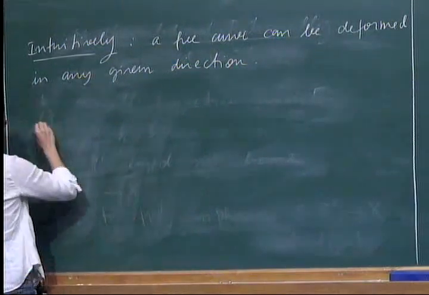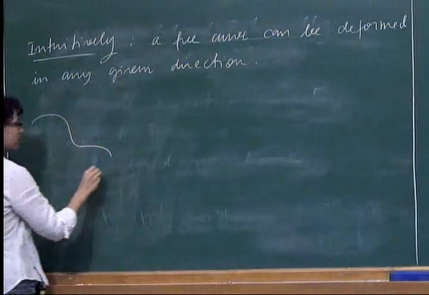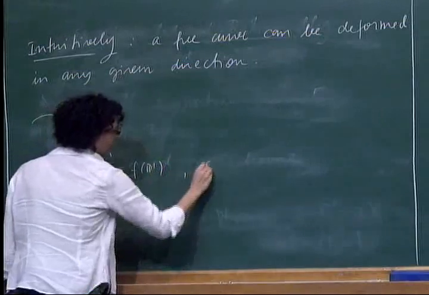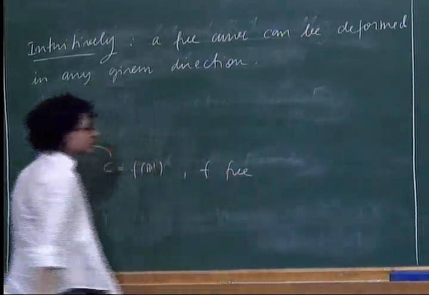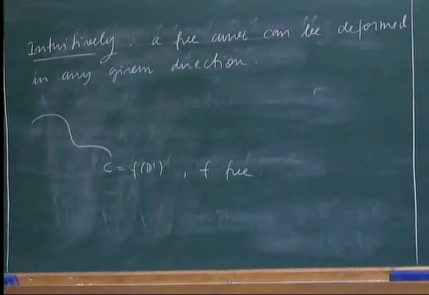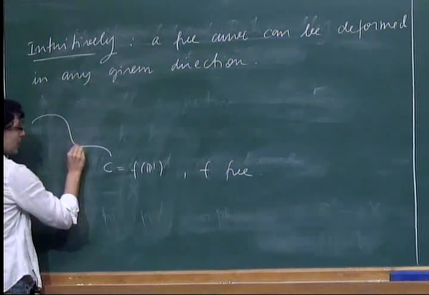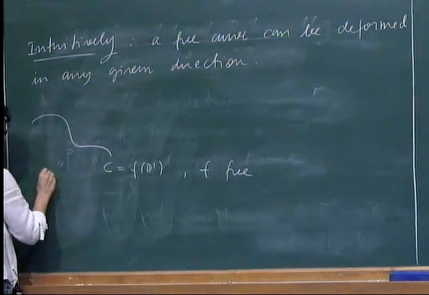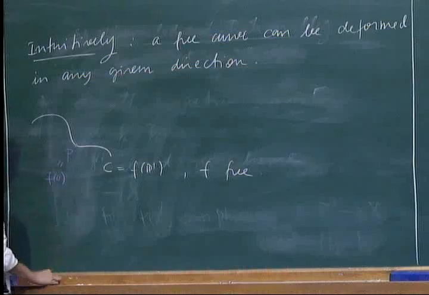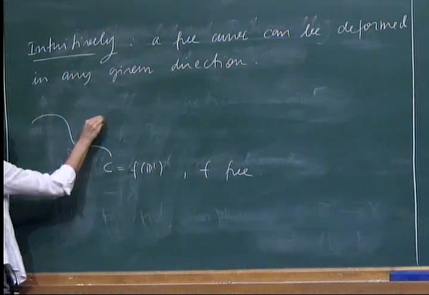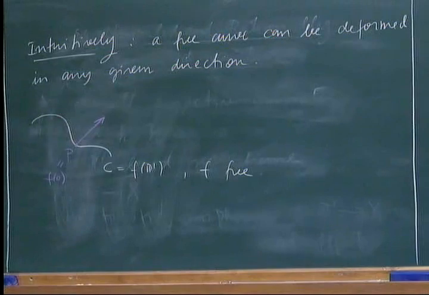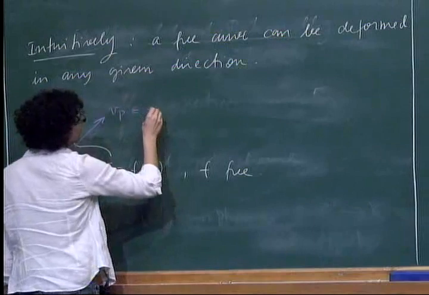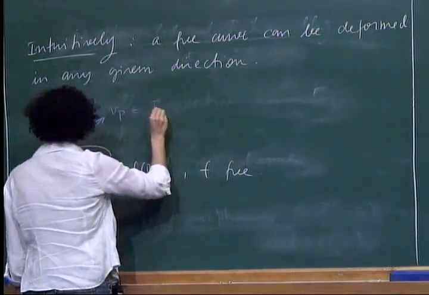Let's suppose that we have a free curve C. And now let's assume that you give me at some point P, the image of a point 0, some tangent direction at this point P. Let me call it v_P. So this is a tangent vector at P.